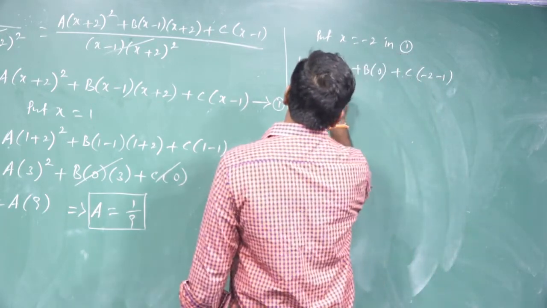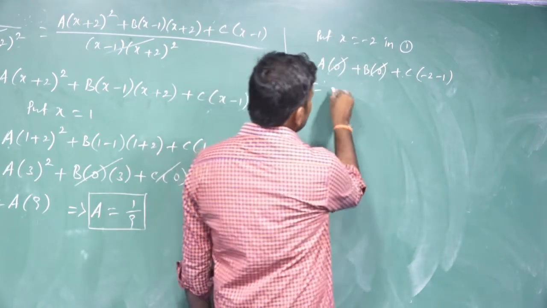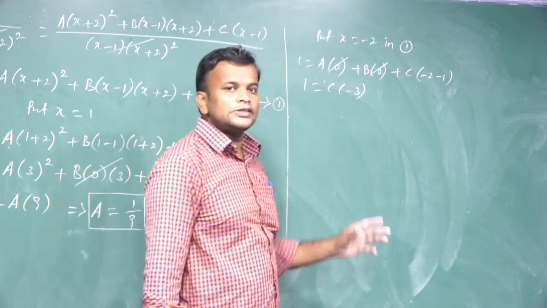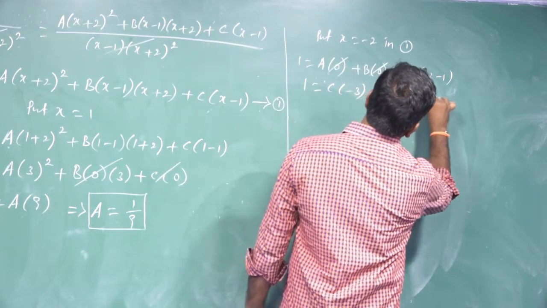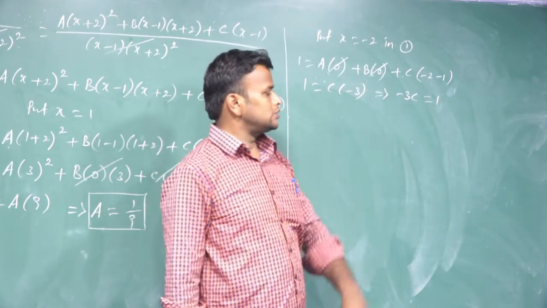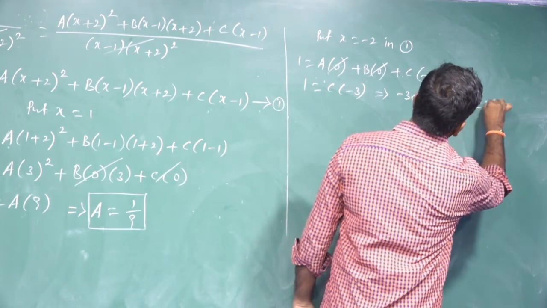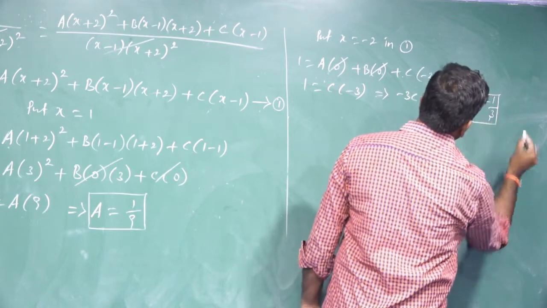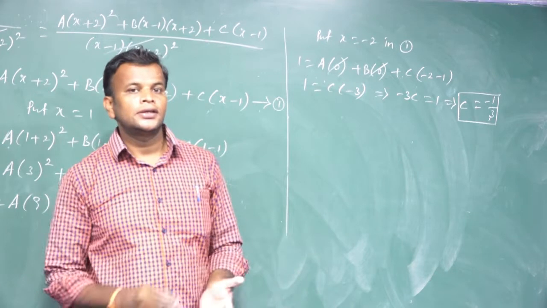So I leave these two terms. We have 0, we have 0. C of minus 2 minus 1 is minus 3. Minus 3c is equal to 1. What about c? The value of c is minus 1 by 3. I found the value of c also.